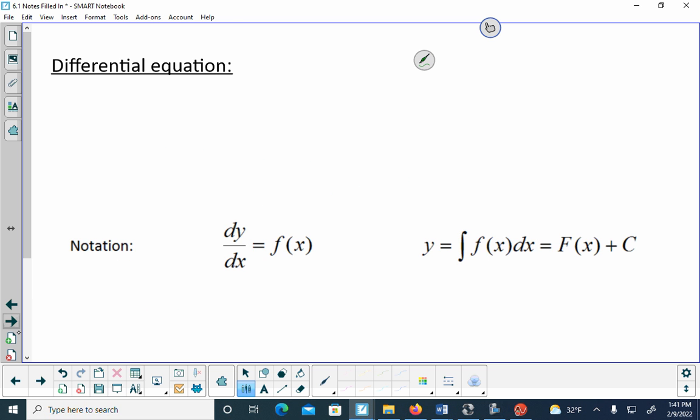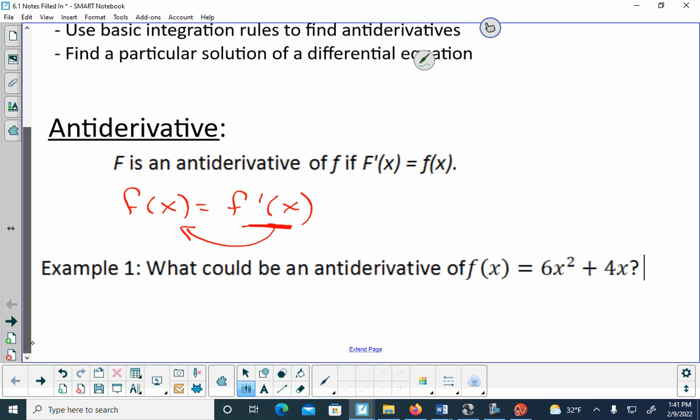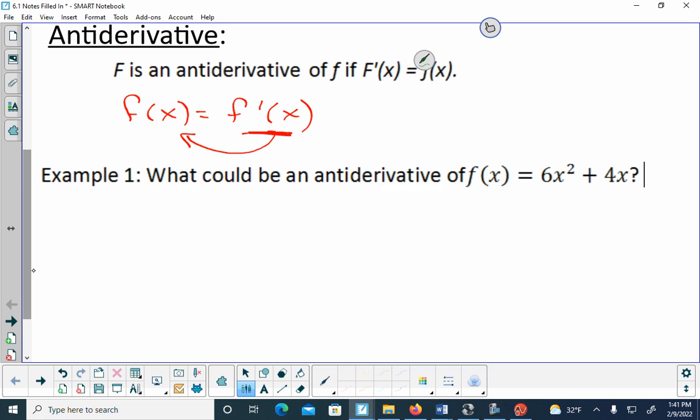So here we go. Back here, we did that. So if I tell you that f of x is equal to 6x squared plus 4x, what could the antiderivative be? In other words, this is what I get when I take the derivative. I ended up with the 6x squared plus 4x.